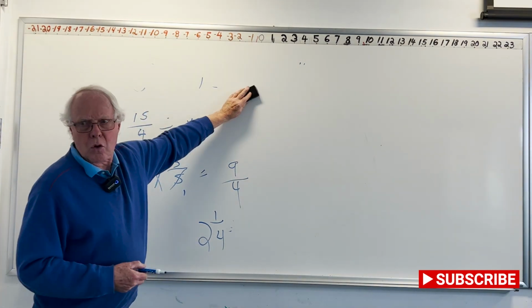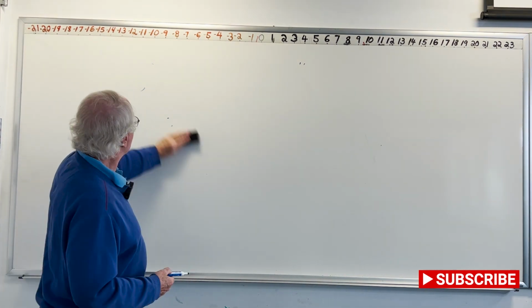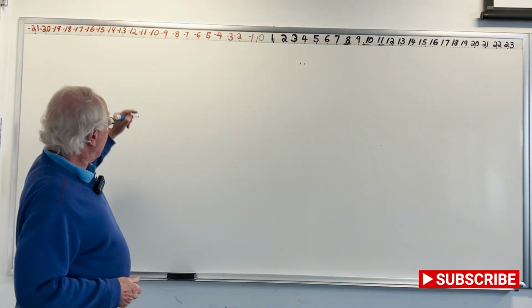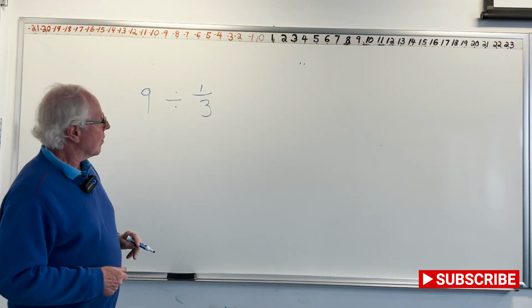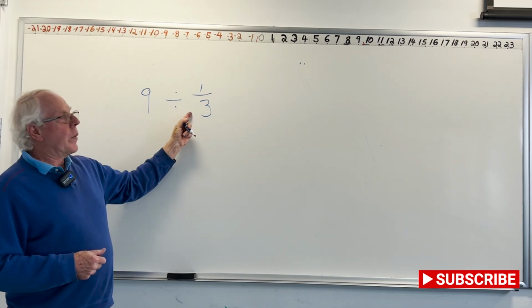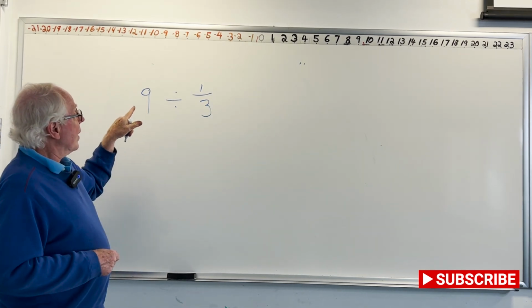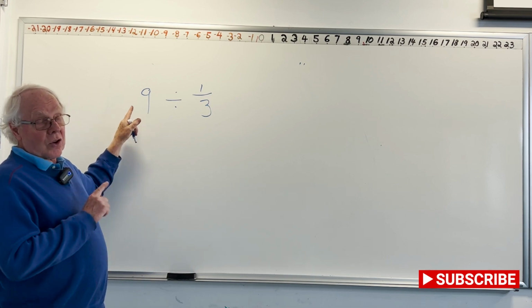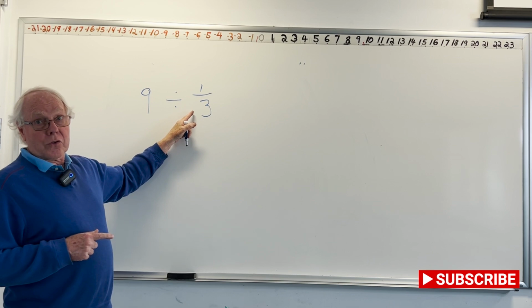All right, here comes another laundromat problem. I think you're going to see what I mean. 9 divided by 1/3. Now, I know we don't have any coins that are 1/3 of a dollar, but we're going to do it the same way. Each of the numbers in this 9, 1, 2, 3, 4, 5, 6, 7, 8, 9, has 3/3 in it.